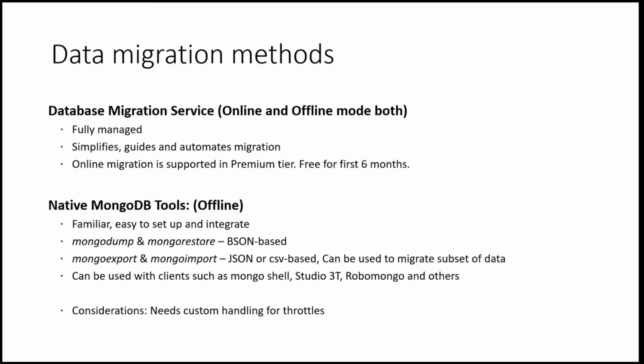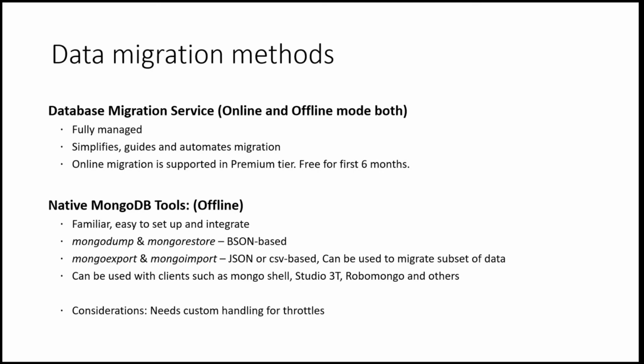So it simplifies, guides, and automates the migration for your workload. Works great for small to medium-sized workloads, and more importantly, this one is free. Even the online migration, which is only supported in the premium tier, is free for the first 6 months. So it's great for keeping the cost low for your migration.